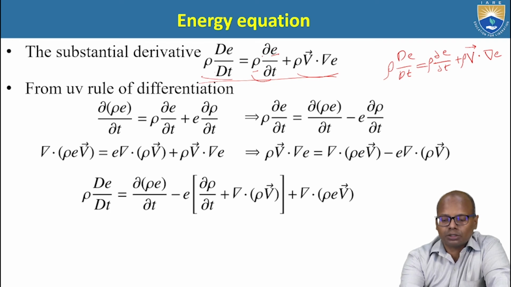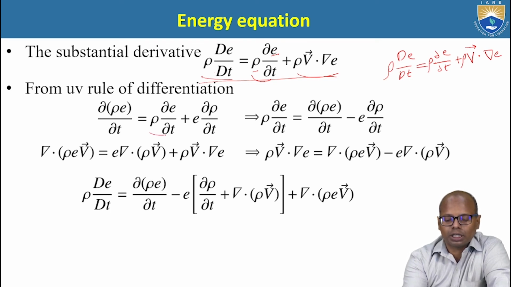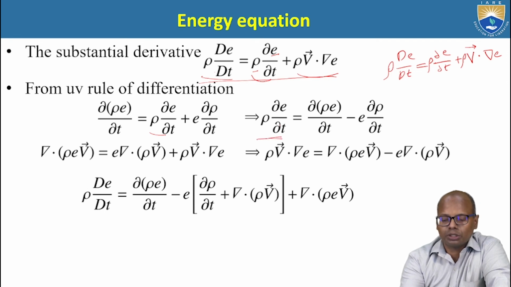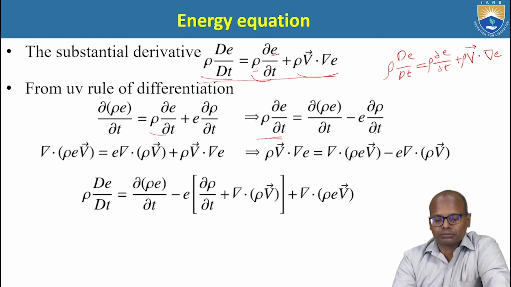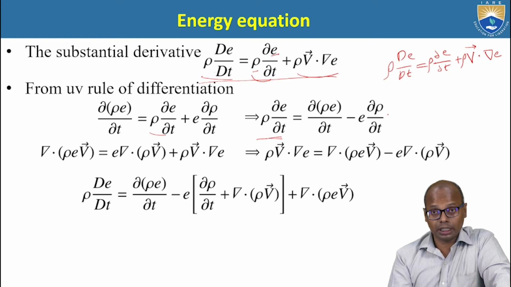So what I want is rho into dou E by dou t. So I take this one to this side. What I will get? Rho into dou E by dou t is equal to dou by dou t of rho E minus E into dou rho by dou t. This is the equation I got.